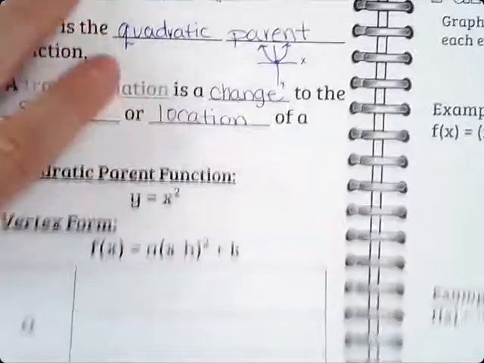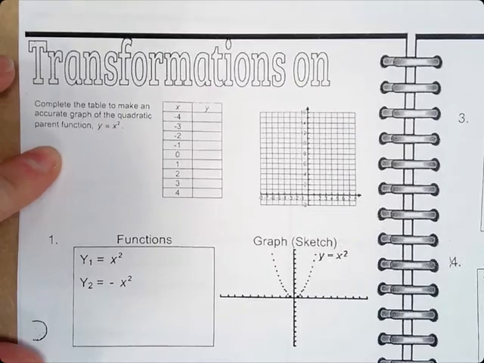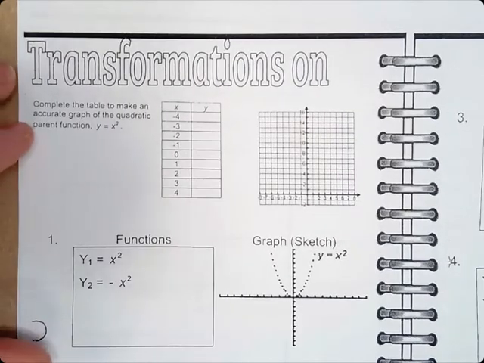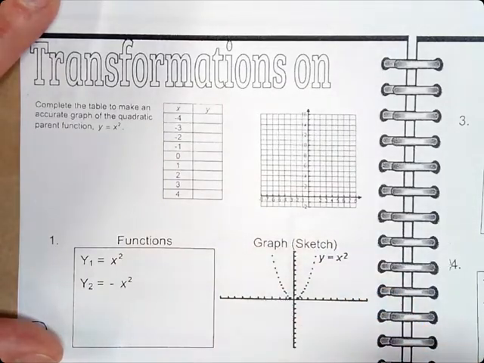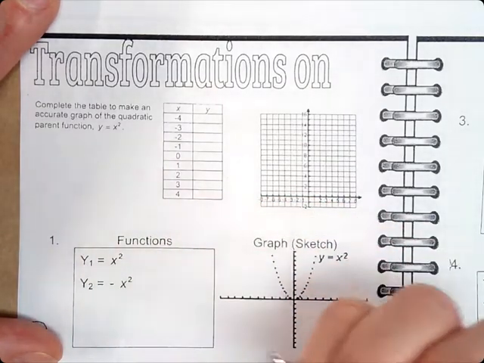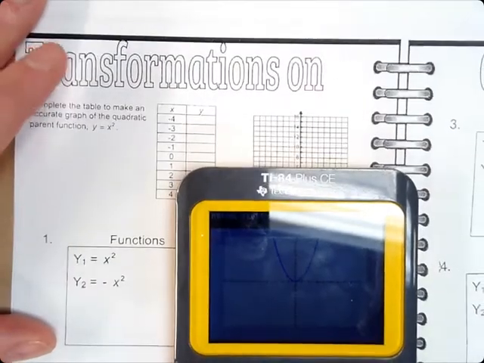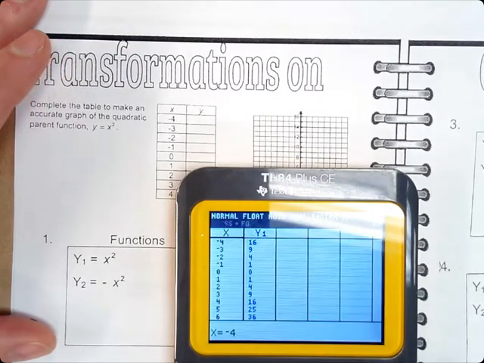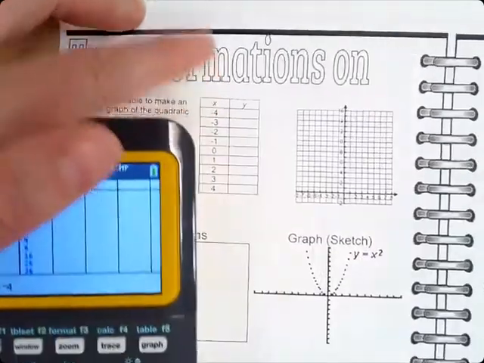So let's go to the next page over here. And let's do a little bit more on the quadratic parent function, y equals x squared. Complete the table to make an accurate graph of the quadratic parent function, y equals x squared. So let's go to our table, and let's fill in the table that is on our paper.